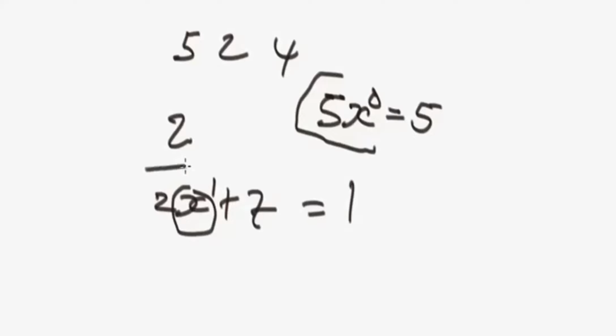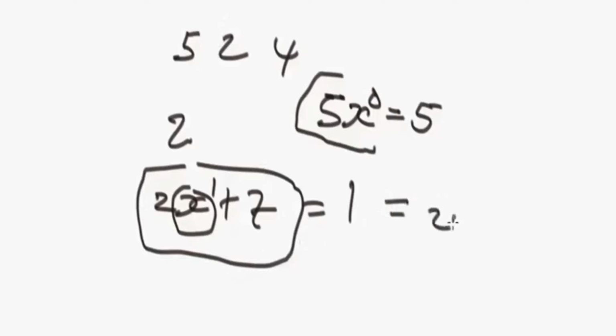The leading term in this polynomial is 2x, whereas the leading coefficient, the coefficient of 2x here, is 2. A coefficient is simply the number behind a variable. So in 2x, this is the variable x, and the number behind it is 2.